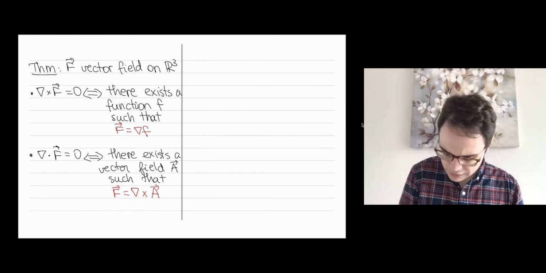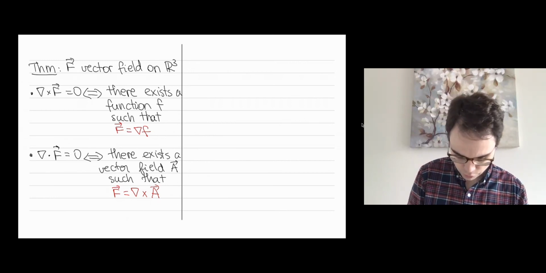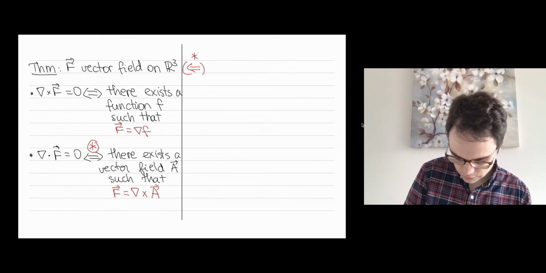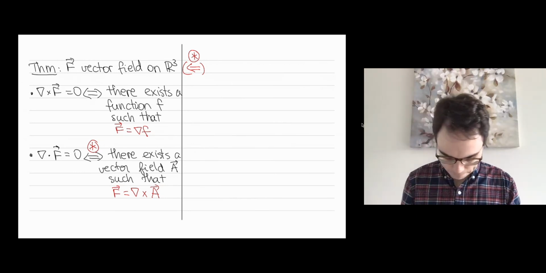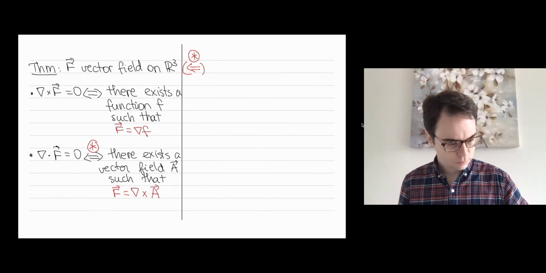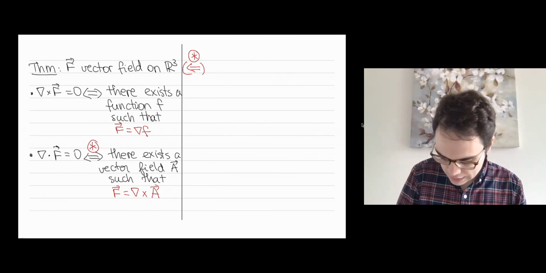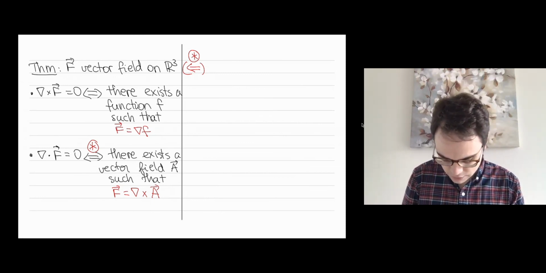Okay, so let's just check implication number 2. Let me prove the easy implication here. It's just a calculation. It's good exercise. So let's say here I'm saying that f is the curl.